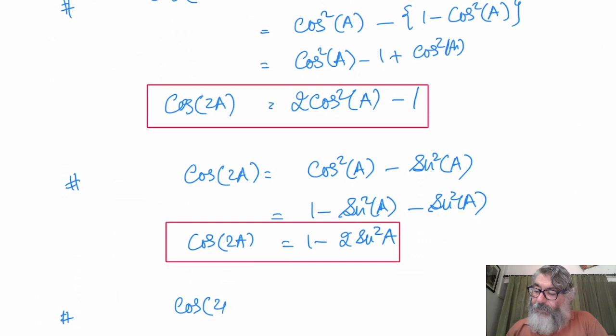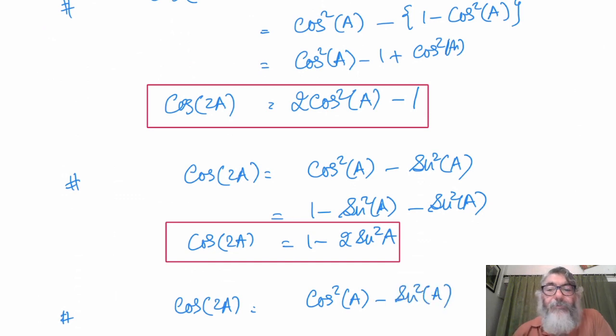Cos 2A is cos square A minus sin square A. Now if I divide the right hand side by 1, does it make any difference? If I divide any number by 1, it doesn't make any difference. So let us do that.